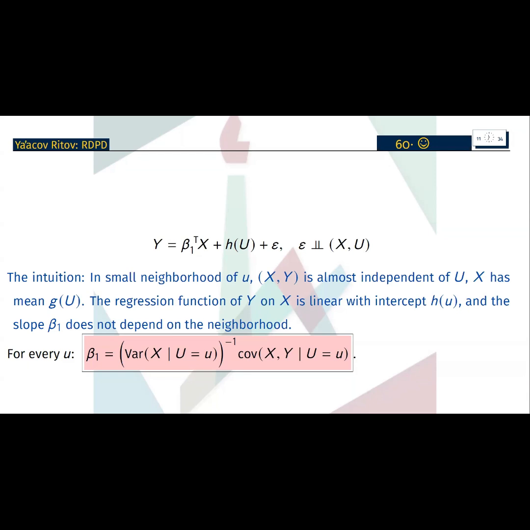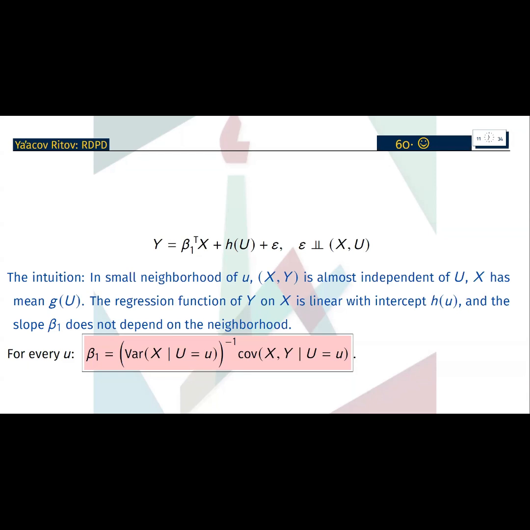And the intuition of the analysis of this model, and why it is possible to estimate beta 1 at the square root n rate and have an efficient estimation of beta 1, is that if I look only at a small neighborhood of u, then u is essentially fixed, and x is a random variable.